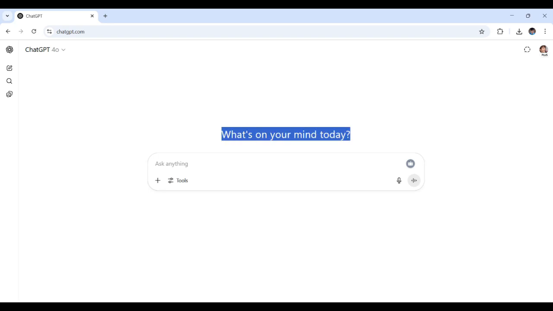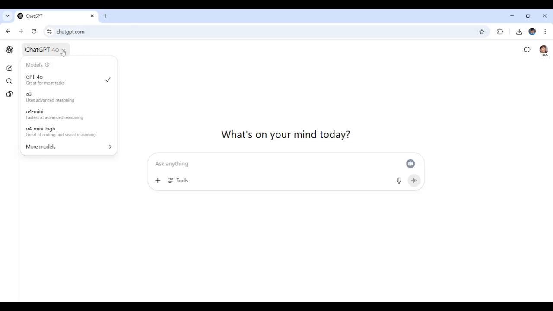Now, let me show you how to switch it over to that mode and what it can really do for us. First things first, let's make sure you're using the right model. Head up to the upper left corner right here. Then click the model switcher, this one, ChatGPT 4.0, with the arrow next to it. Boom.